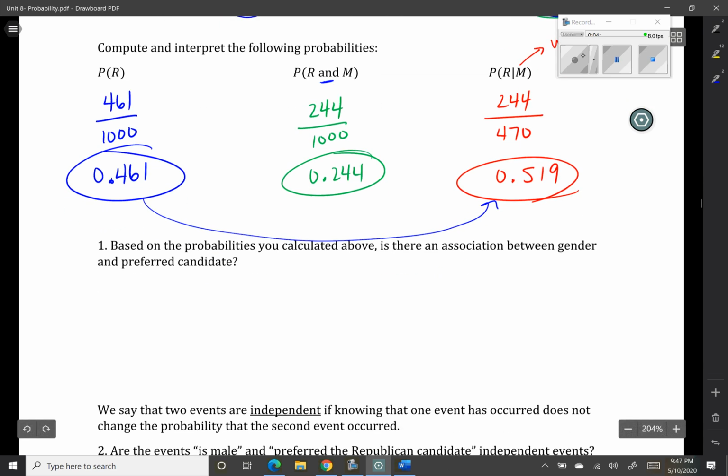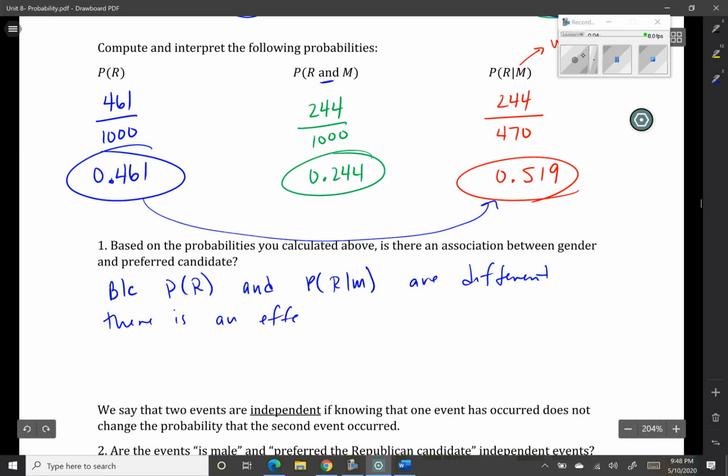So what we can say is because the probability of voting Republican and the probability of voting Republican given the fact that you are male are different, there is an effect on your vote given your gender. Basically, what we're saying here is being a male affects whether or not you would vote Republican or not.